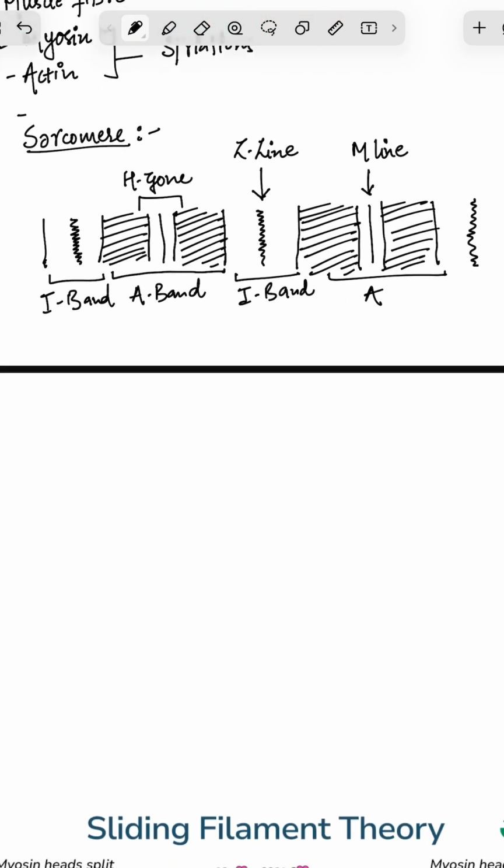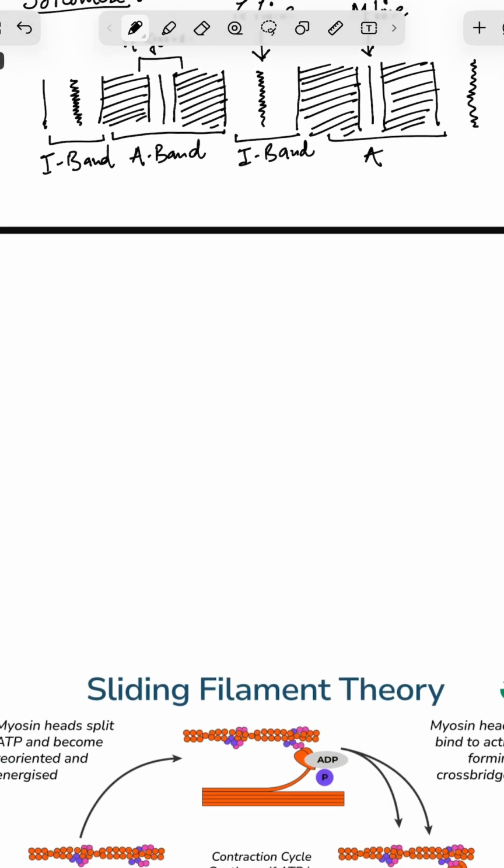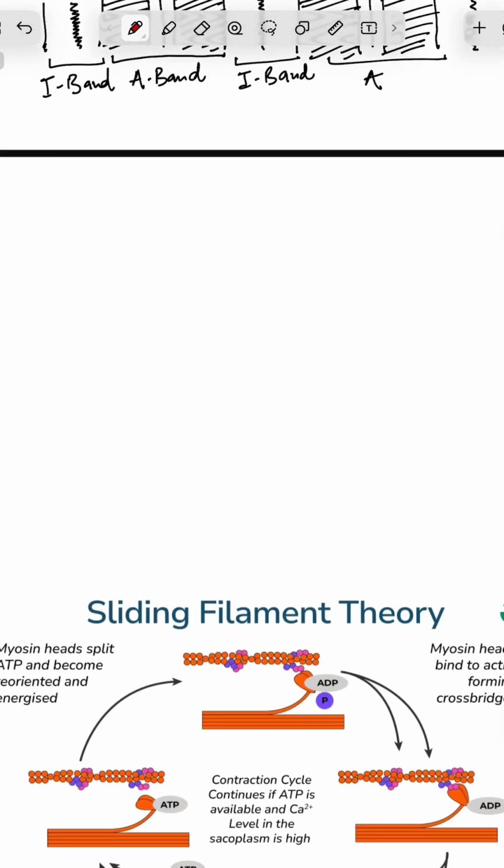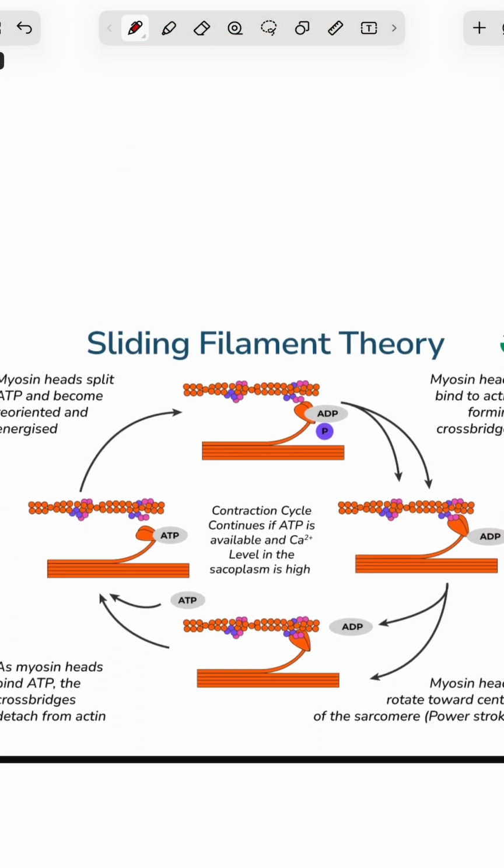Now the sarcomere is done. Now we come to know about a theory called the sliding filament theory, which explains how muscles contract and relax at the molecular level. This theory was proposed by Huxley and Hanson in the year 1954.